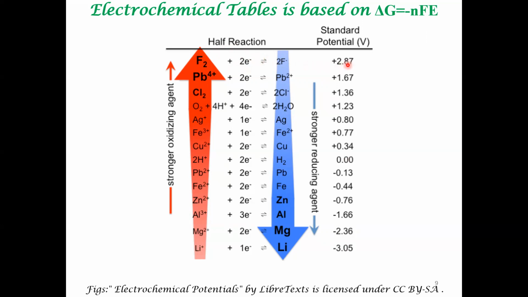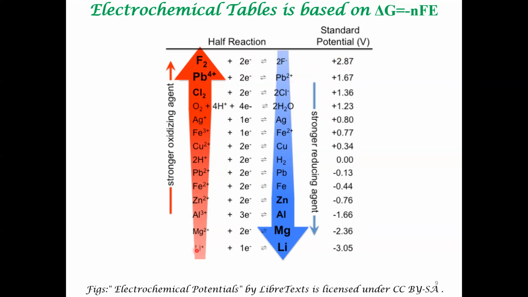So the numbers that are tabulated in electrochemical tables are consistent with our notion that is born from chemistry, which of the elements will want to be in a positive oxidation state.